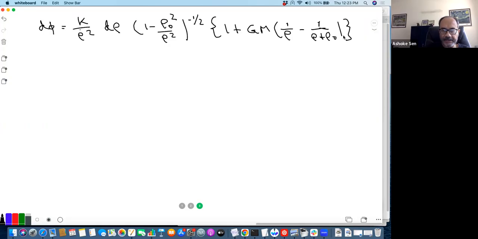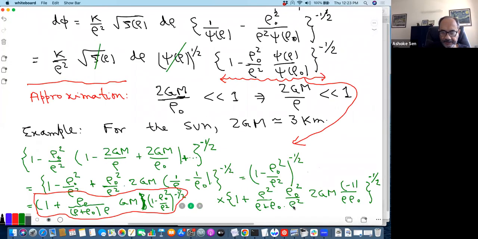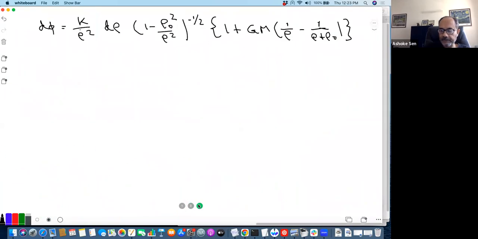Okay, so here I have just done a little bit more manipulation, right? You see, there is a rho 0 over rho plus rho 0 times rho. I just wrote it as a difference between two terms. 1 over rho and 1 over rho plus rho 0. That's what I've written.